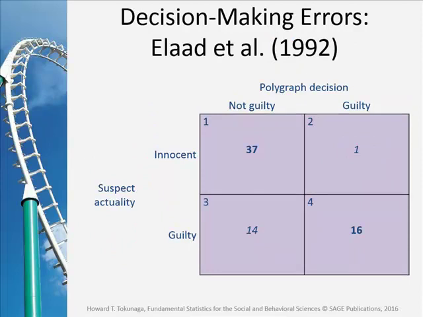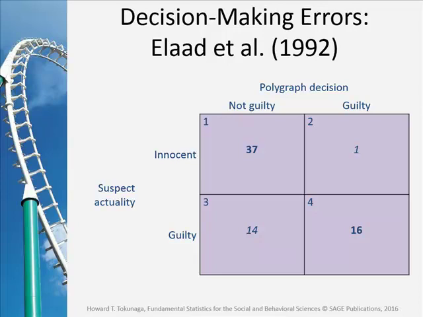So let's put some numbers to this. The polygraph said 17 people were guilty. Right? The polygraph said these 17 people were guilty. But of that, only 16 were actually guilty. Sucks to be this guy, right?